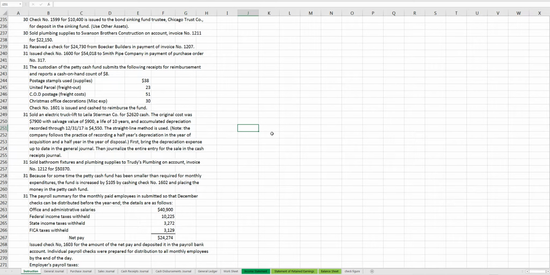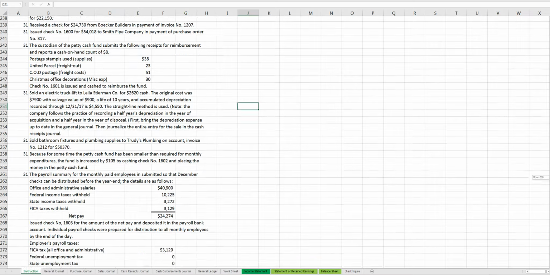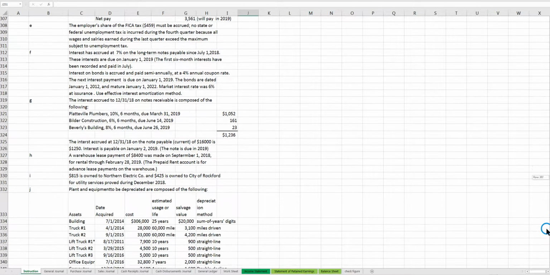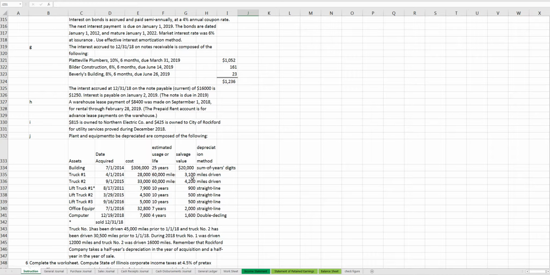Actually, all the fixed assets have been reported right here. The 3 lifted trucks. So we are selling this one, which was purchased in 2011.